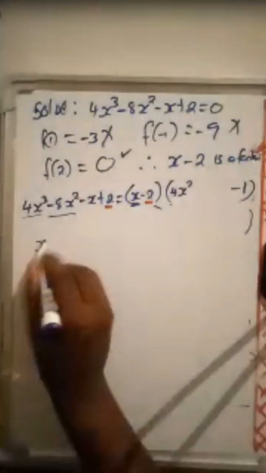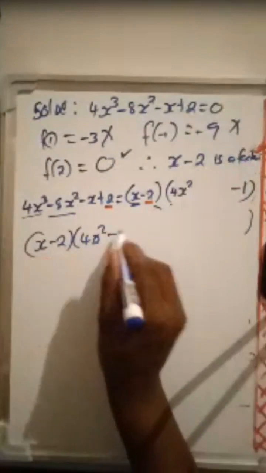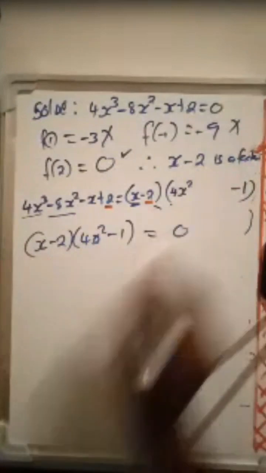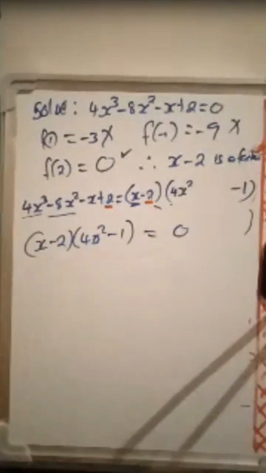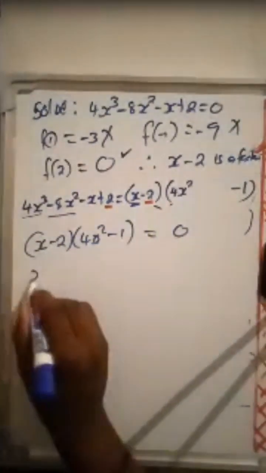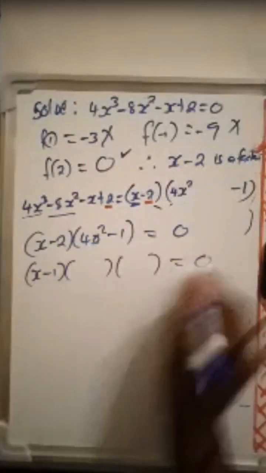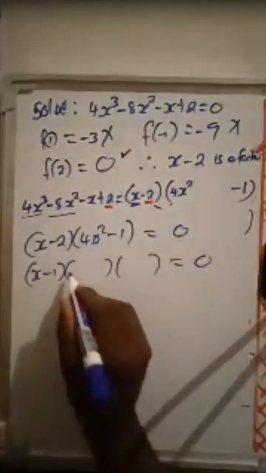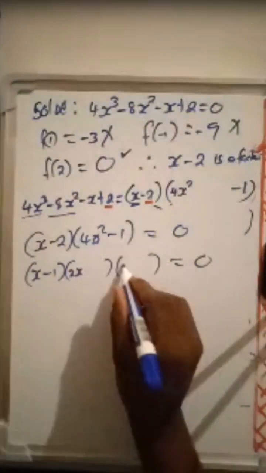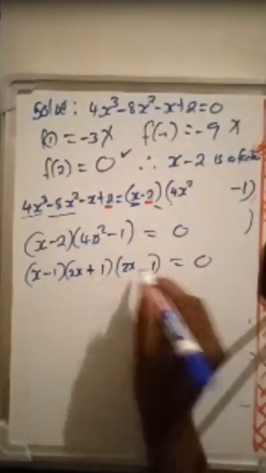So now I know that I'm having x minus 2 and 4x squared minus 1 is equal to 0. But this one still is a difference of two squares, so I can solve it. Then difference of two squares, two brackets. The square root there is 2x, and the square root of 1 is 1. I add, subtract.